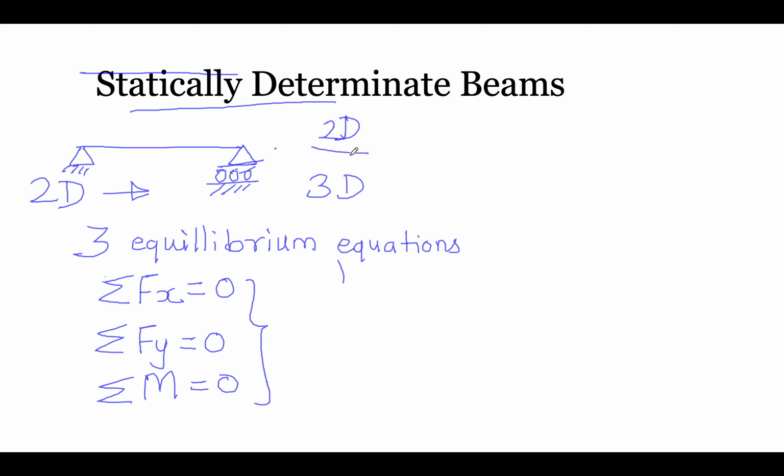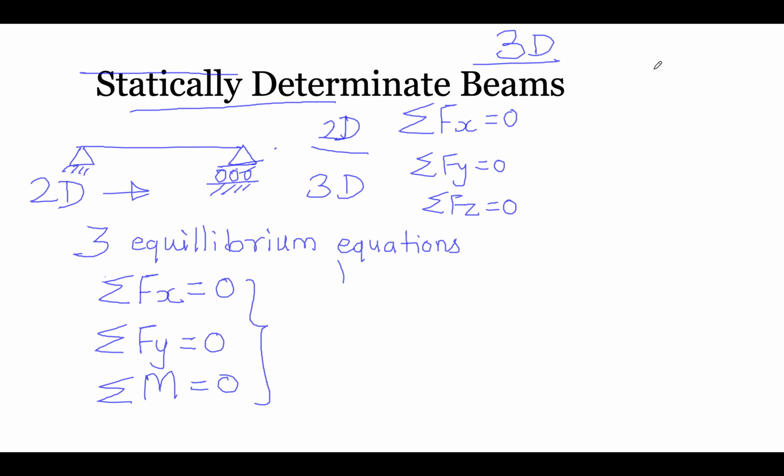Now similarly, if we have a structure in 3D, then we need to satisfy forces: summation of forces in x direction is equal to 0, summation of forces in y direction is equal to 0, and summation of forces in z direction is equal to 0.